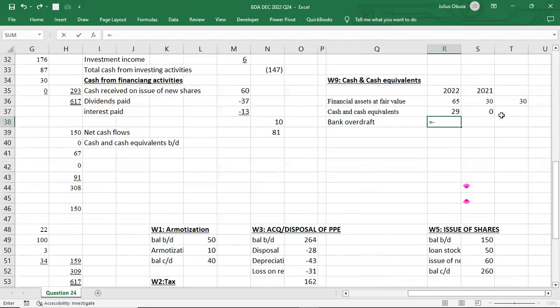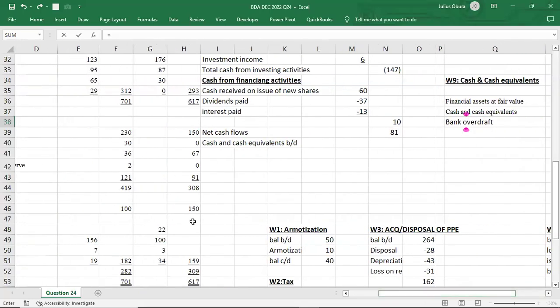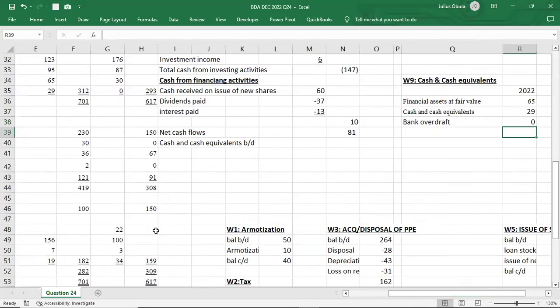So where was I doing the workings? Cash and cash equivalents. This should be a 0 for the year 2022. And then for the year 2021, this should be 22. From here, we now get the summation.